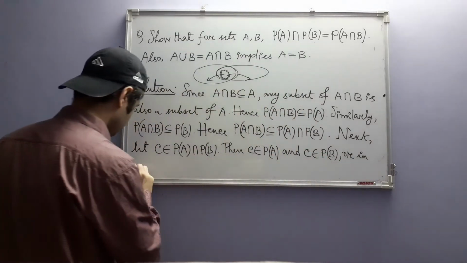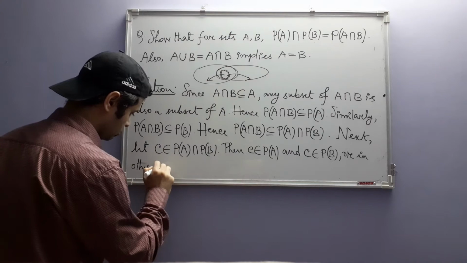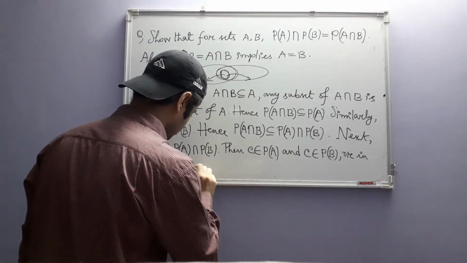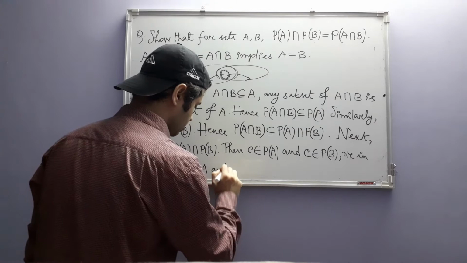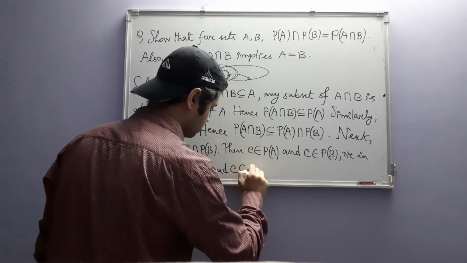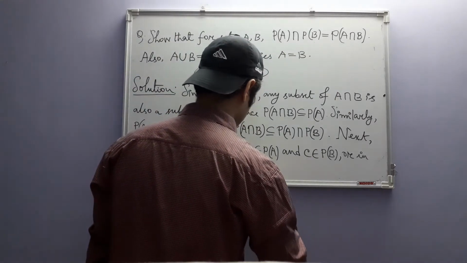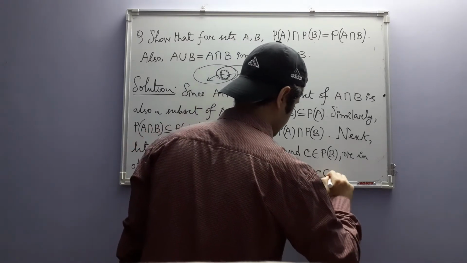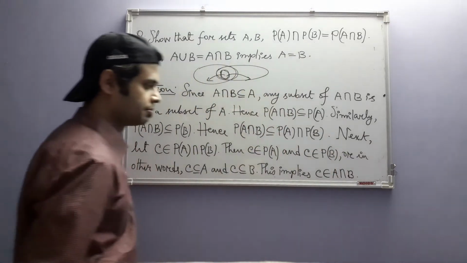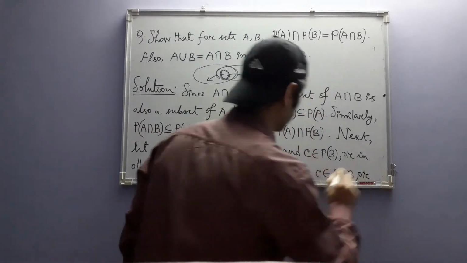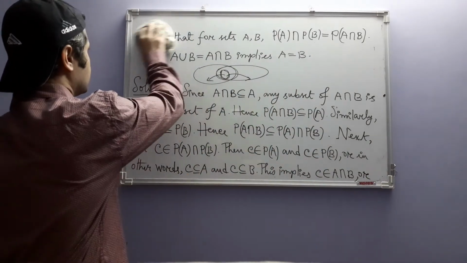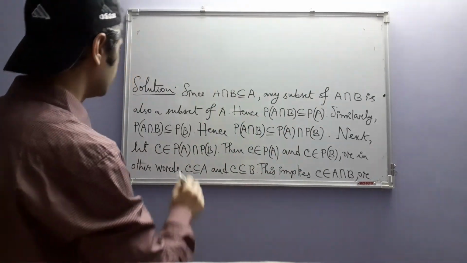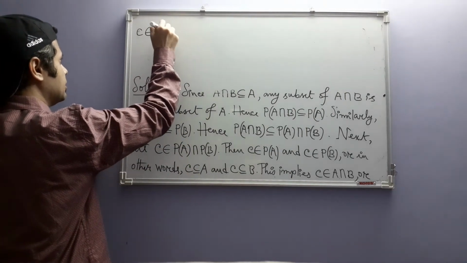In other words, C belongs to P(A) means C is a subset of A, and C belongs to P(B) means C is a subset of B. This implies C is a subset of A intersection B, or we can write it like this: C belongs to P(A intersection B).